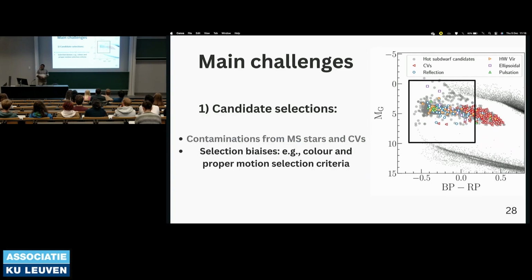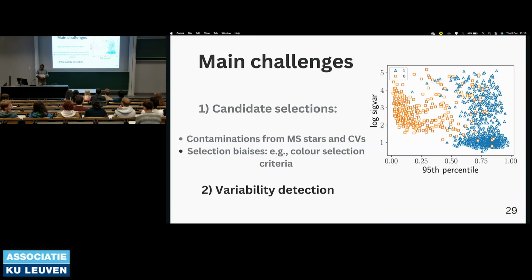Next, in the literature, candidate selection is mainly based on color and proper motion selection criteria. So this could also introduce bias in the selection, because we might select other types of stars. And variability detection itself is quite challenging if we base our selection on simple statistical parameters, or a couple of statistical parameters.